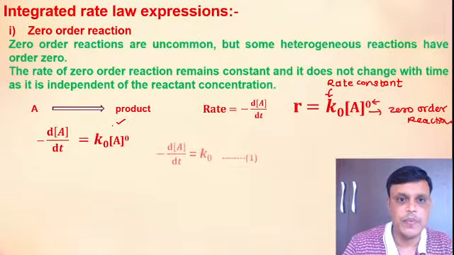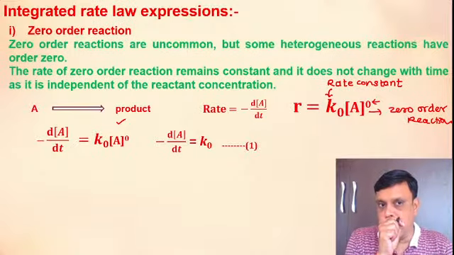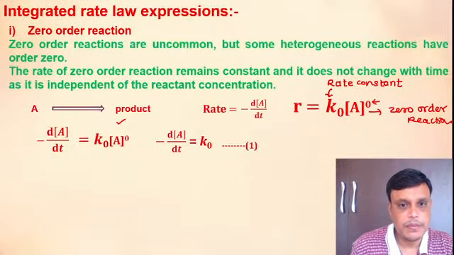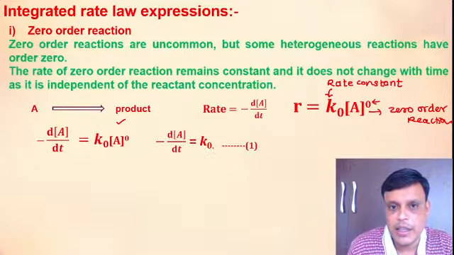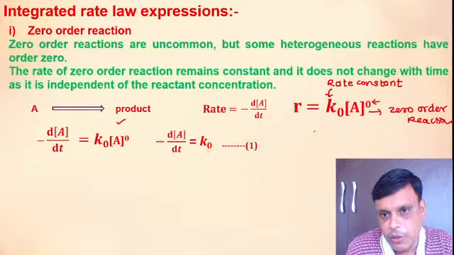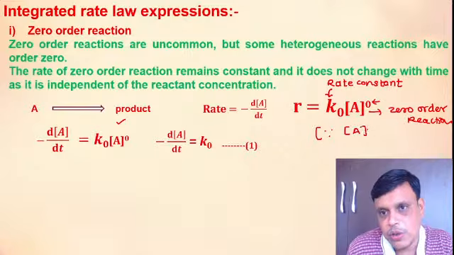Then next, minus d[A] by dt is equal to K0, because anything raised to 0 is equal to 1. This is a mathematical rule.